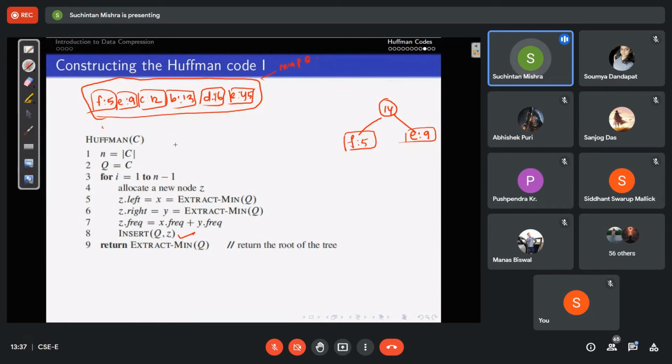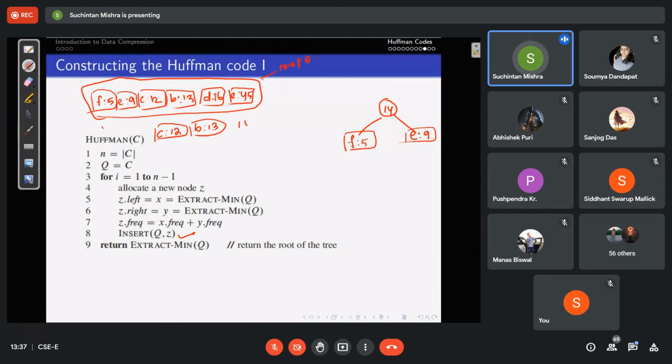So if I insert it, the order will change. Earlier there was F, E, C, B, D, A. Now it will become C12 because that is the least one. Then it is B13.